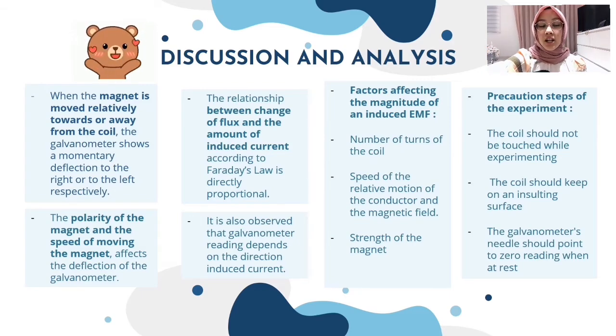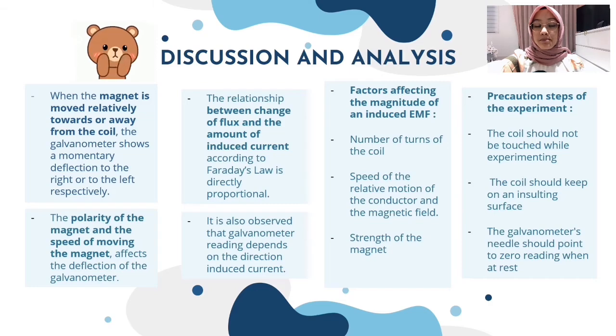Thus, there are three factors that affect the magnitude of induced current. Firstly is the number of coils. As the number of coils increases, the magnitude of induced current or induced EMF also increases. That means the number of coils and the magnitude of induced current are directly proportional.